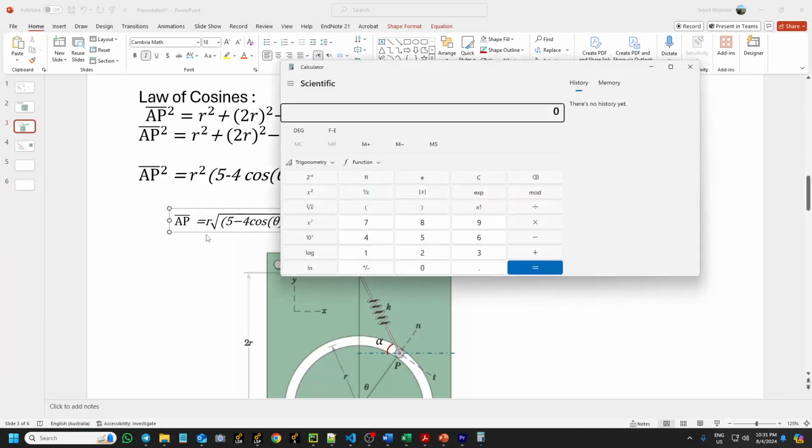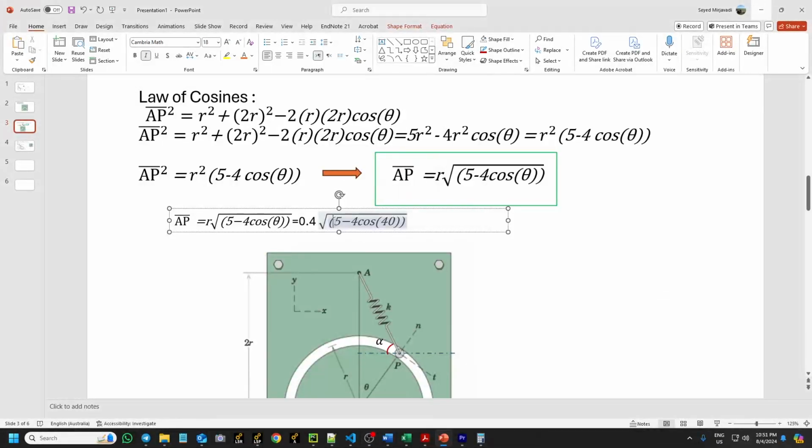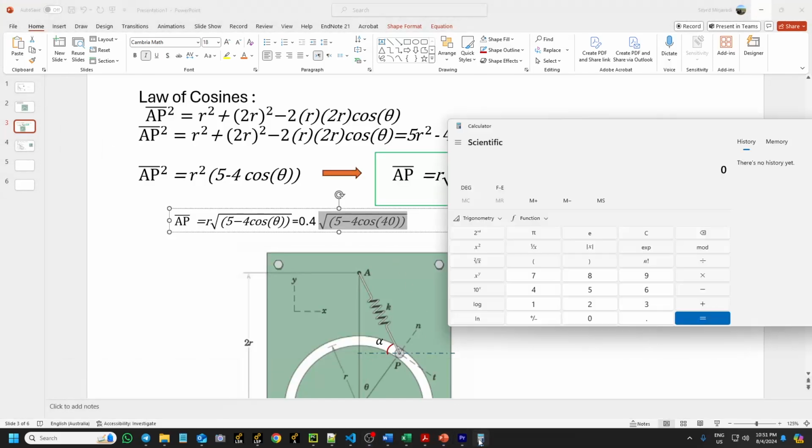I want to tell you one trick in the exam. First, always make sure that your scientific calculator is working properly. Use 60 degrees and then obtain the cosine. It will be 0.5, which is correct. Okay, now let us see how to calculate this part first. We will type 5 minus 4 times 40, and then trigonometry cosine.